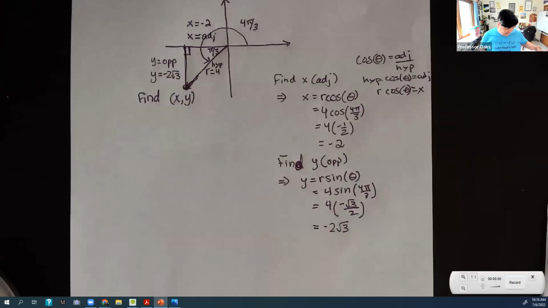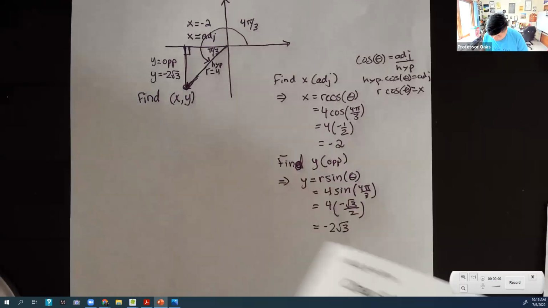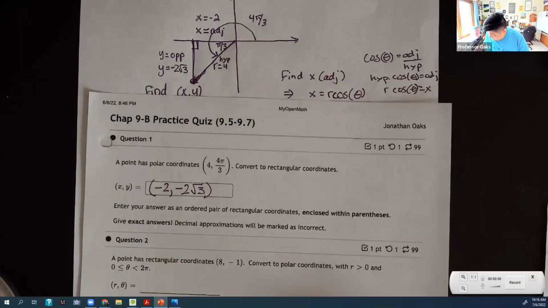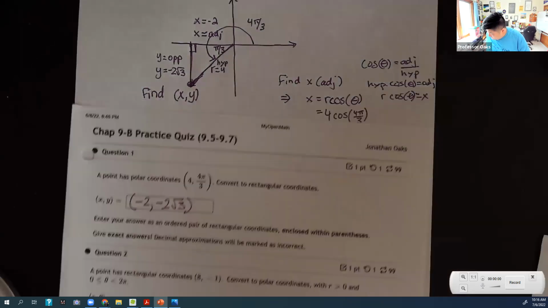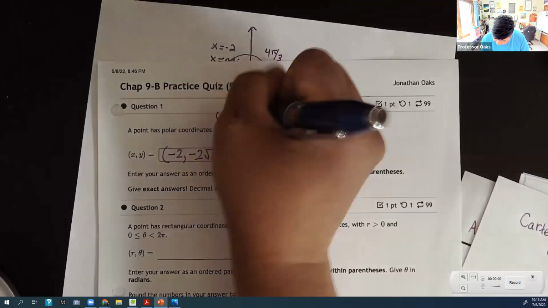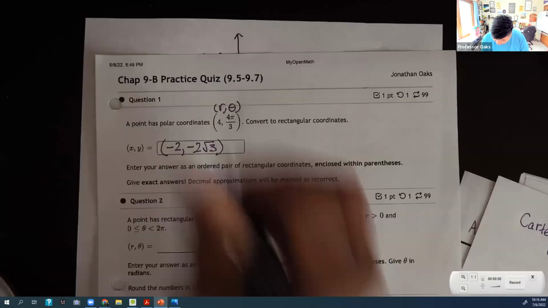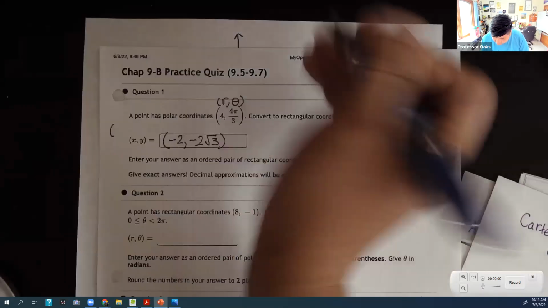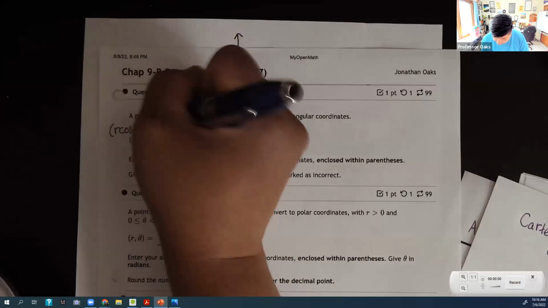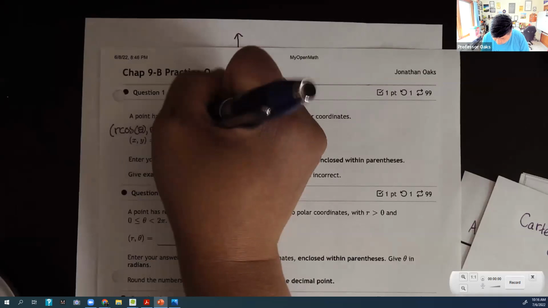Okay, so like I said, that was a little bit of a long-winded explanation of what's going on. But if you start with r, theta, and you want x, y, then you just need to do r cosine theta, r sine theta, and that will give you the x and the y.